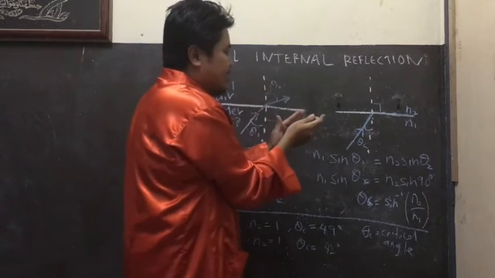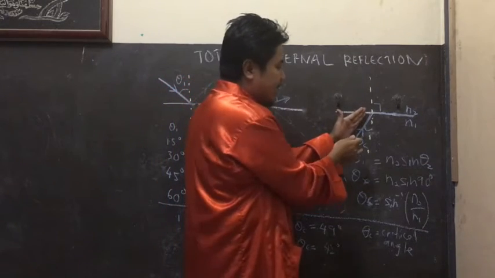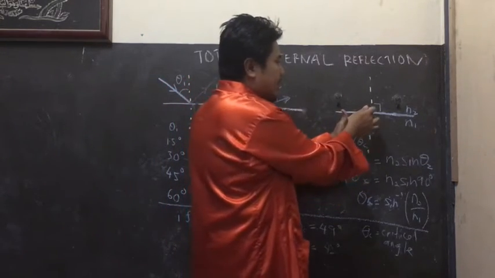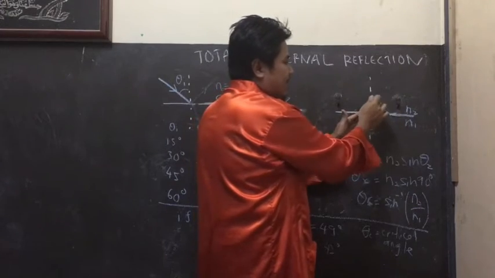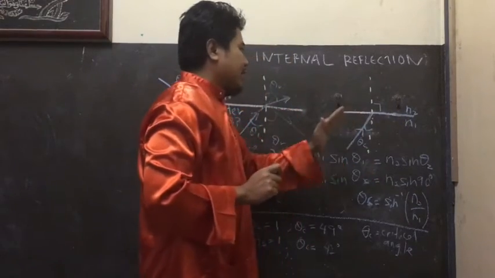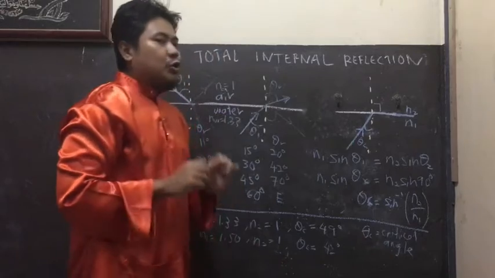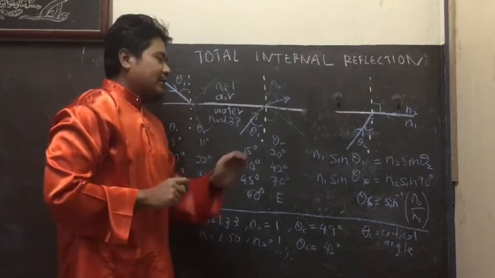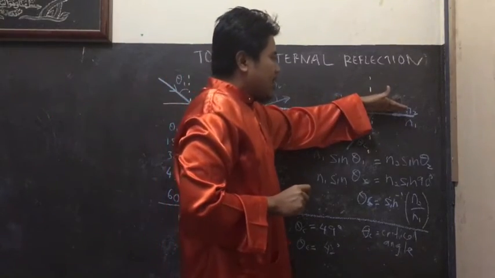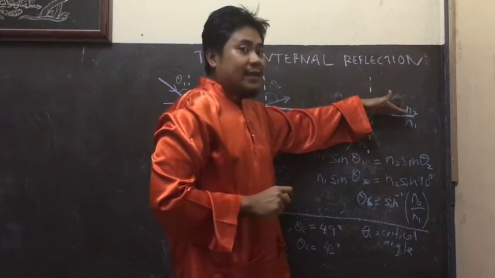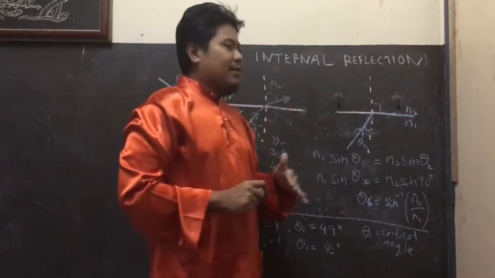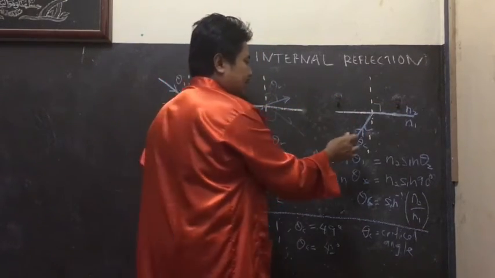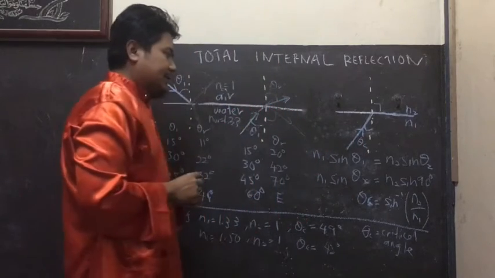So there is an angle where the refracted ray becomes 90 degrees. That angle is called the critical angle, because the light will not be refracted anymore, because it's a maximum.